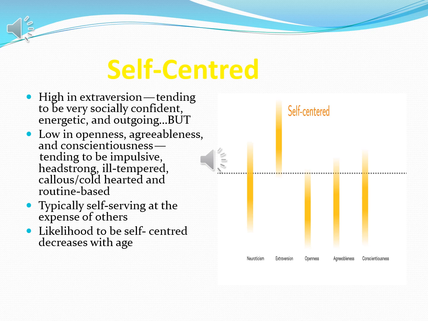So typically self-serving at the expense of others. This is their major thing, that they are always looking out for themselves. The likelihood of being self-centered decreases with age. As you grow, you become less self-centered, and you look around at other people.